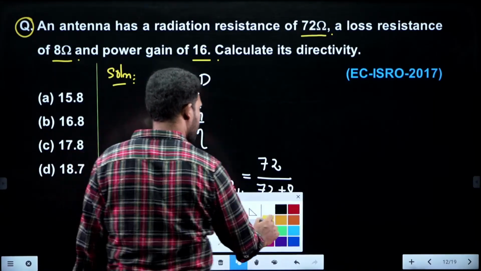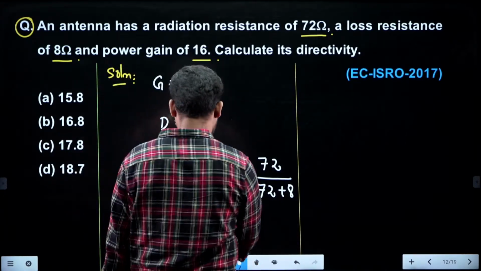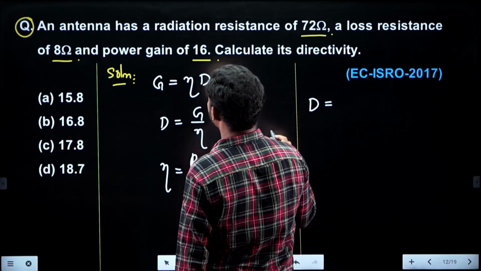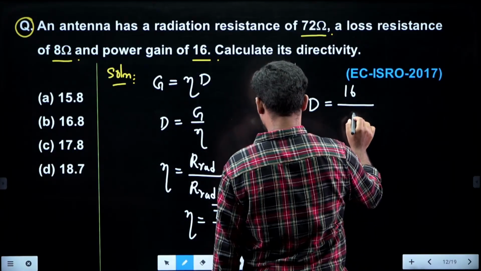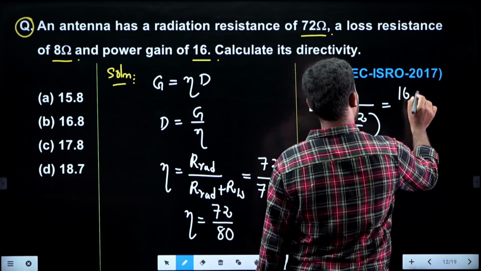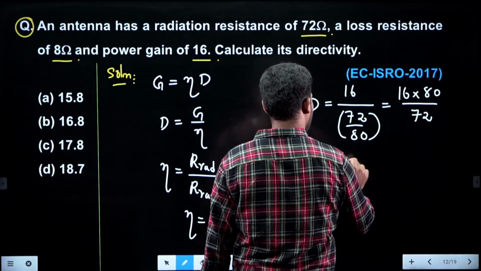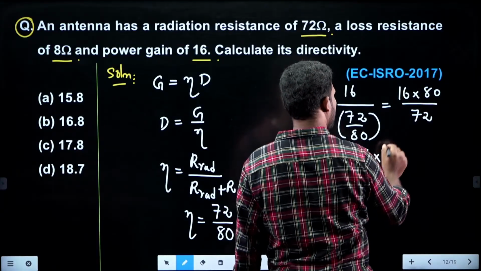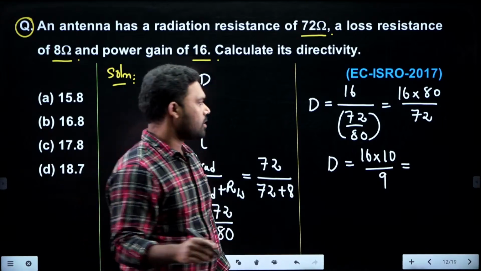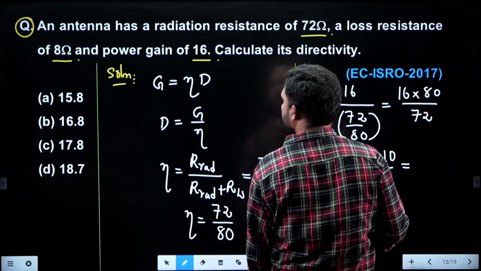Clear guys? That is the efficiency, and then you can find the directivity. The gain here is 16, so D is 16 divided by 72 by 80, so it is 16 into 80 divided by 72. 10 times this, 9 times this, so it is 1 point something, 1.11 times 16, a little bit more than 16.